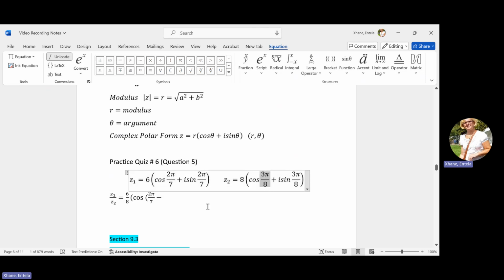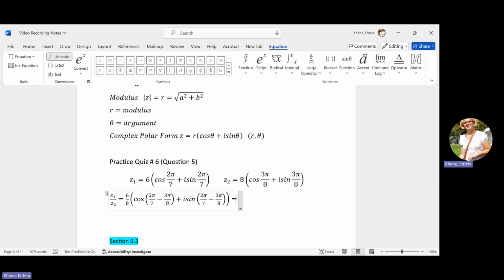Remember, I'm dividing. So when I divide, this argument must be subtracted. Okay? And now that I already created this set of parentheses, I can copy and paste it. And then I need another set of parentheses. That's it. So this is how you set it up.